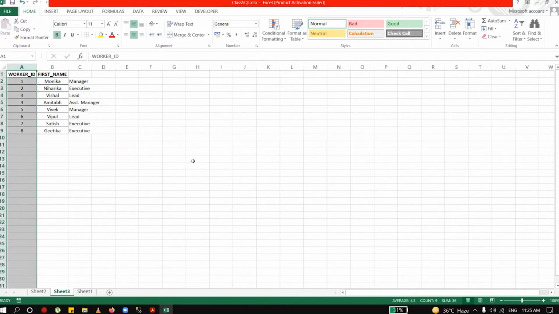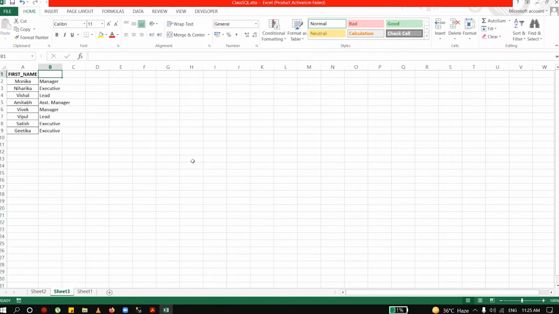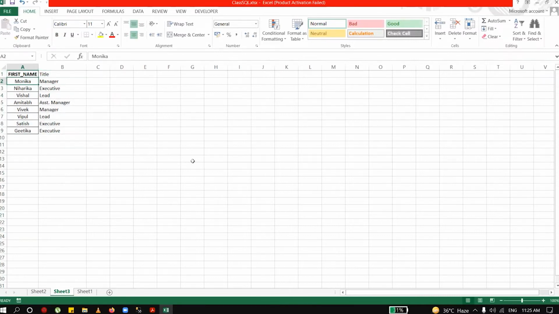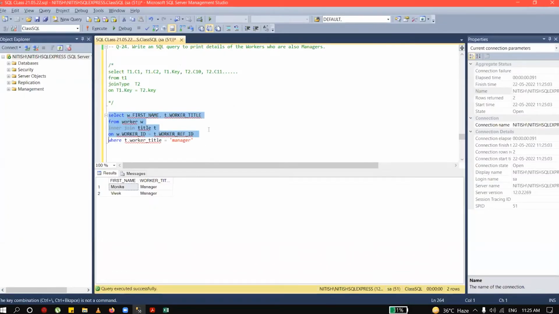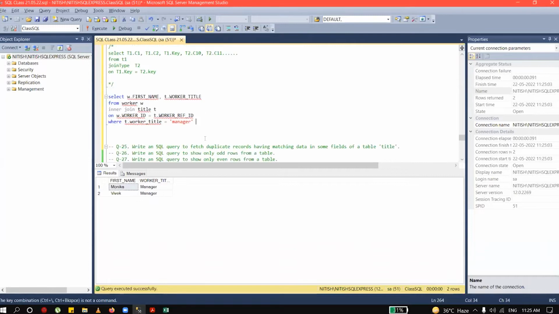This was the new table I got from that SQL query. Now from this new table, wherever the title is manager, that I picked up. Same thing I've written here. From this new table, what I have got above, I've written where title is manager. I hope it is clear how to make a join.